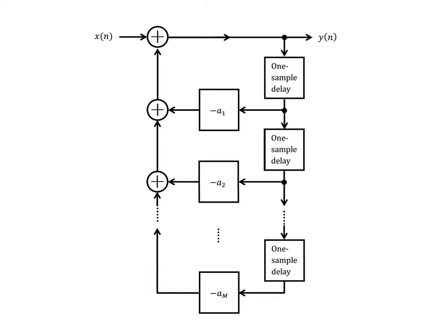It's possible, therefore, that the impulse response of this network never dies down, continues some kind of non-zero output, even though the impulse at the input, x of n, had long gone. Because of this feedback, you can have non-zero values circulating in the loops without ever disappearing.